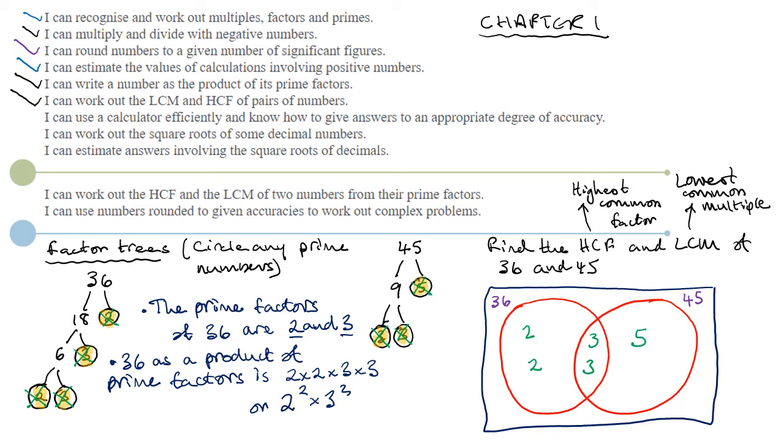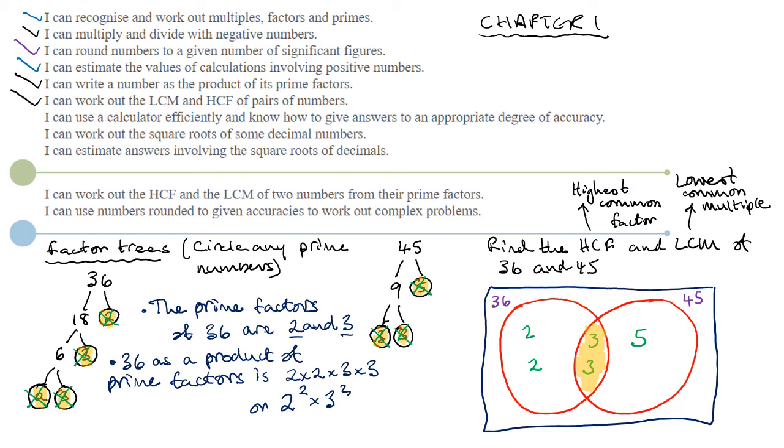There's a 5 there. Now, if I want to find the highest common factor, I multiply the numbers in the overlap. So I would multiply together these numbers here. If I multiply the numbers in the overlap, that will give you the HCF.